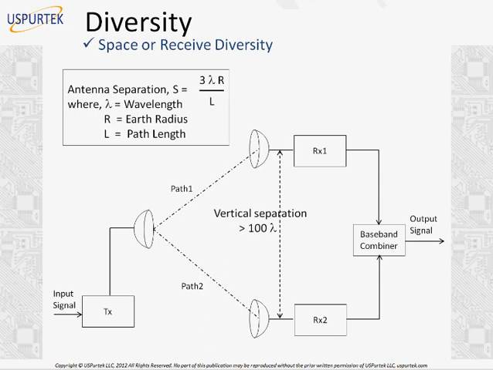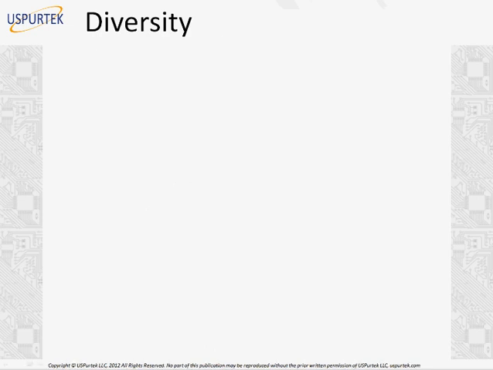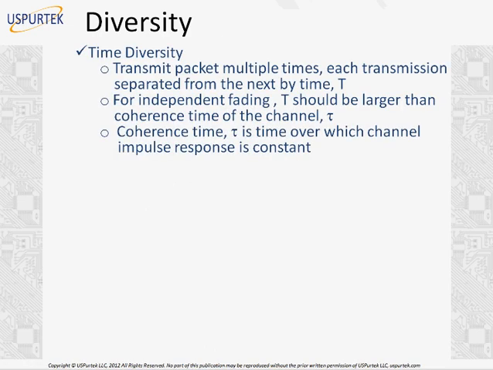The distance must be greater than half wavelength. Here you see the vertical separation, we are keeping 100 times lambda. They cannot be closer than half wavelength, but they can be wide apart. Here we are keeping them wide apart so that the signals can be independently received from the two antennas to achieve space or receive diversity.